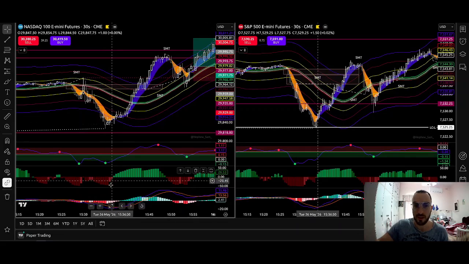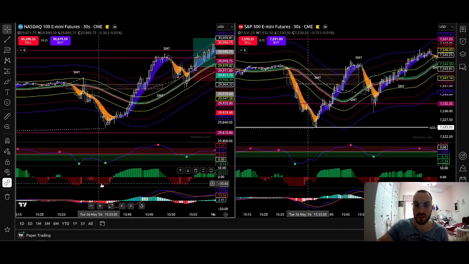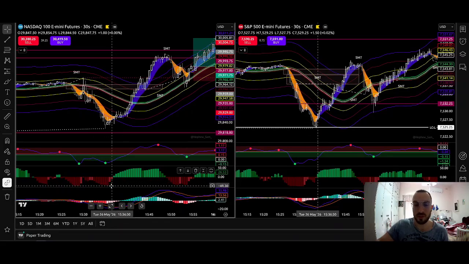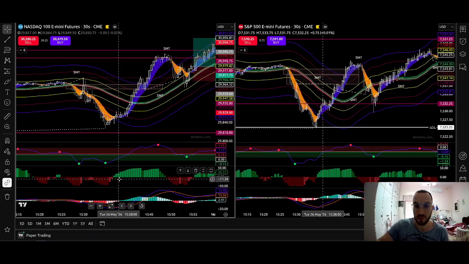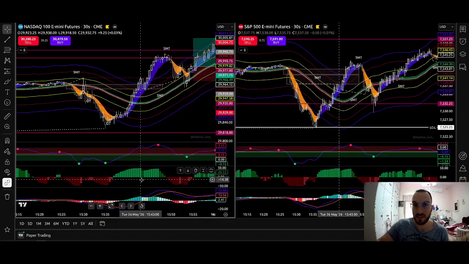Now here though, we make a higher low, and we can see the price start to recover until the BX turns green, which means that after the selling pressure has been exhausted, buying pressure is starting to re-enter the market. And we can see as the buying pressure and the green histogram bars are printing on the BX trender, the price of the Nasdaq is moving higher.